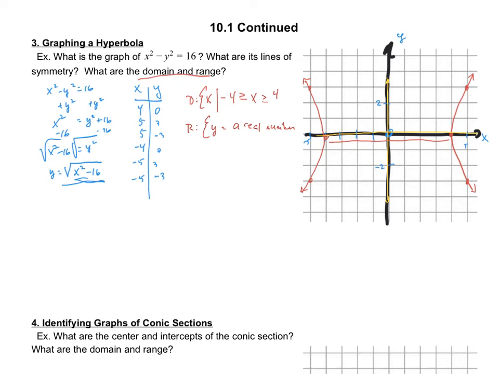Those create mirror images of one another. So there we have it. We have graphed the three main conic sections: the ellipse, the circle, and the hyperbola. We will continue later on, but for now we'll work on our assignment and come back in a minute.